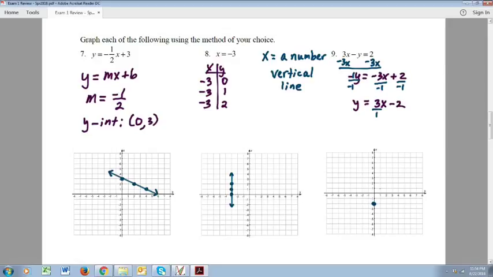So that's on there. Let's go ahead and rise 3 and run 1. So up 3, right 1. And there's our graph. And notice I did a second point. You could continue going up 3 and right 1, and you'll still keep landing on the line. In fact, from any point, you could also go down 3 and left 1. And notice that still would represent a slope of 3. All right, let's move on.